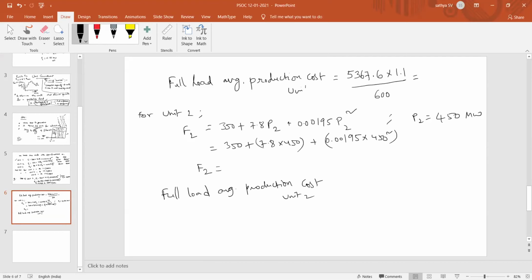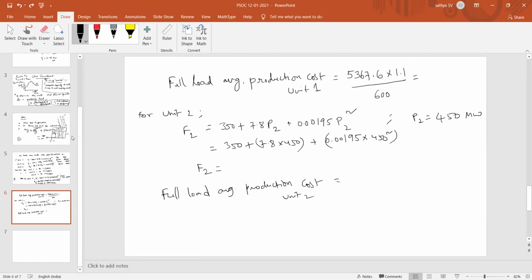This is unit 1. How much F2 did you obtain? Substitute that. Calculate first. What is the full load average production cost of unit 1? How many rupees?